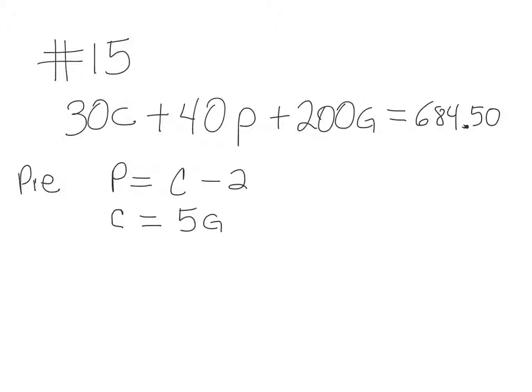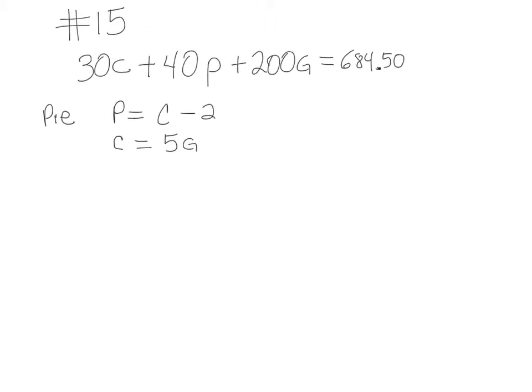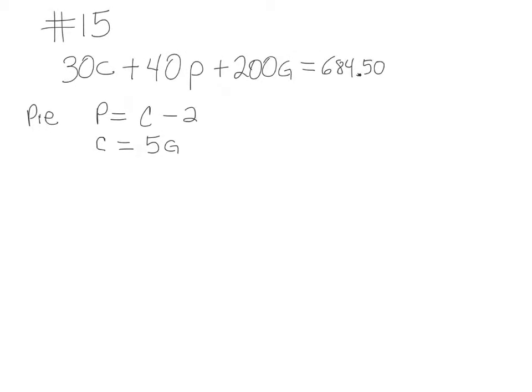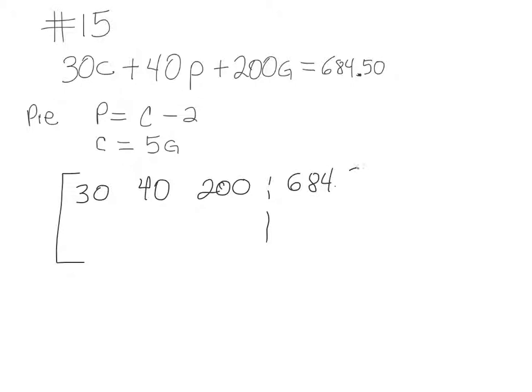Then you just have to put it into an augmented matrix. Let me make this a little smaller so that I can have more space. The first equation has the coefficients 30, 40, 200, and 684.50. For the other 2 equations, if I set it up as a system of equations, I need to put the C to the left.